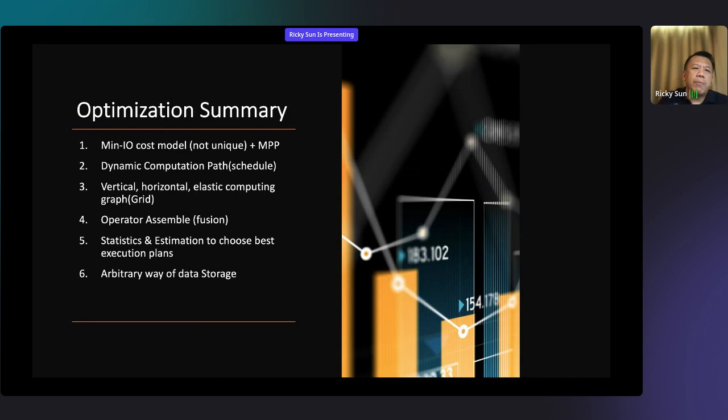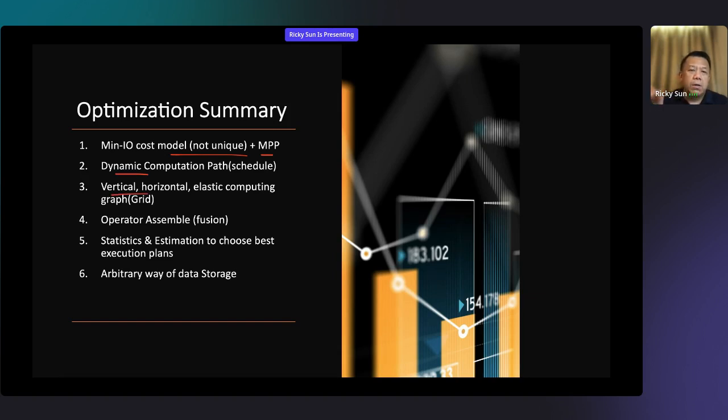So to summarize, the optimization techniques that can potentially be leveraged are multifold, like the minimum IO cost model, plus MPP, massively parallel processing, and also there is dynamic computational path.